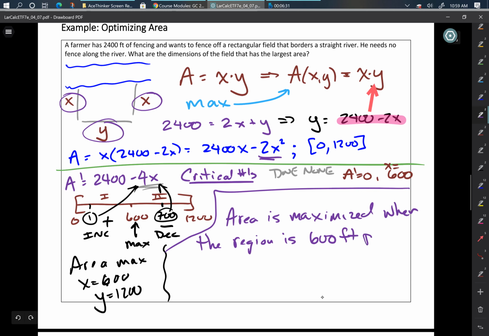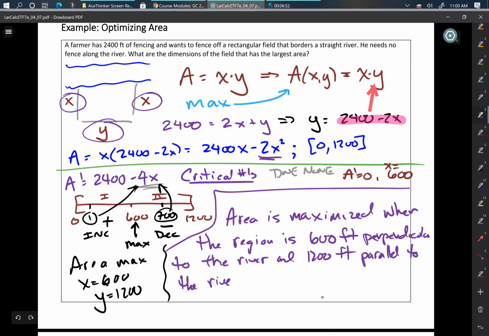I'm going to say perpendicular to the river and 1,200 feet parallel to the river. All right, I optimized area. That wasn't too bad. It only took 7 minutes. Let's see if we can do it again.